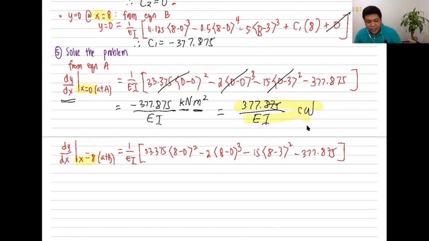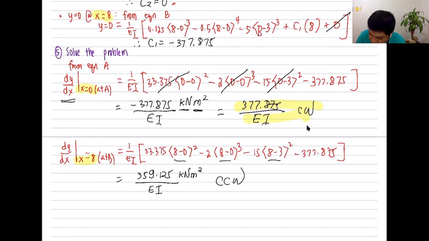If you'll notice, I need to evaluate everything because the values inside the brackets are actually all positive. So I need to evaluate. Hence, if I evaluate everything, kindly prove that that's equal to 359.125 all over EI. It's still a slope, so the unit of the numerator is force times length squared. Okay? I get a positive answer. Therefore, this is counterclockwise. Okay?